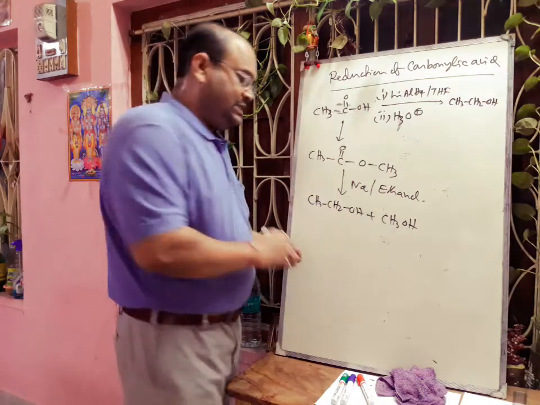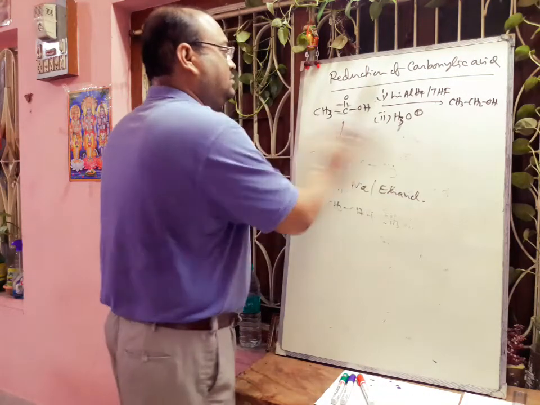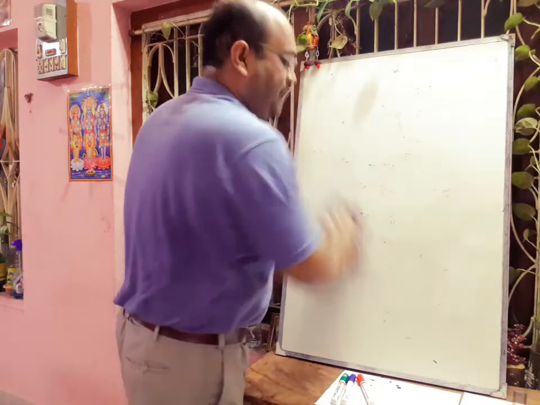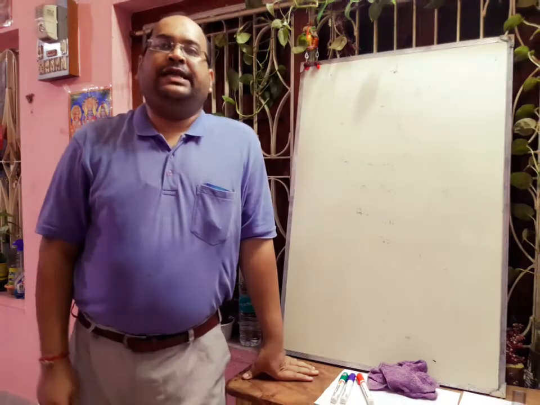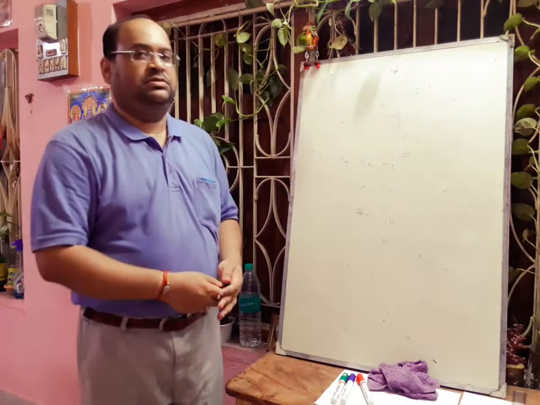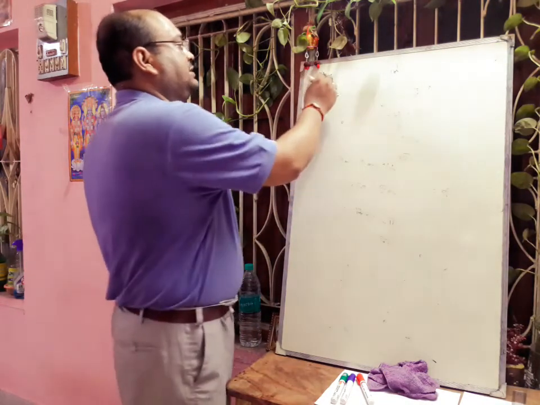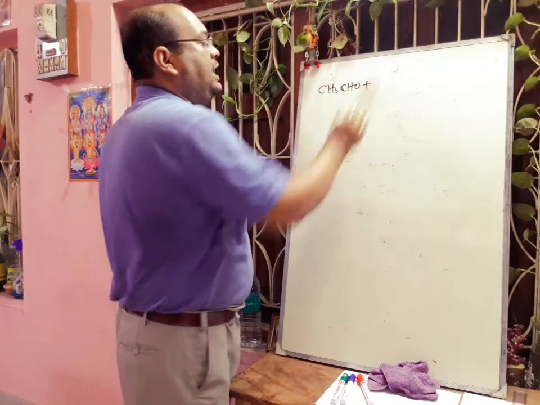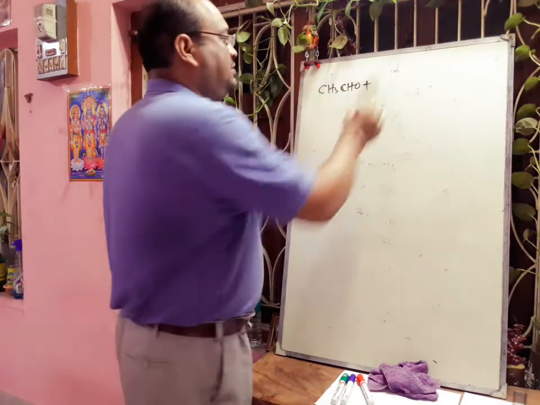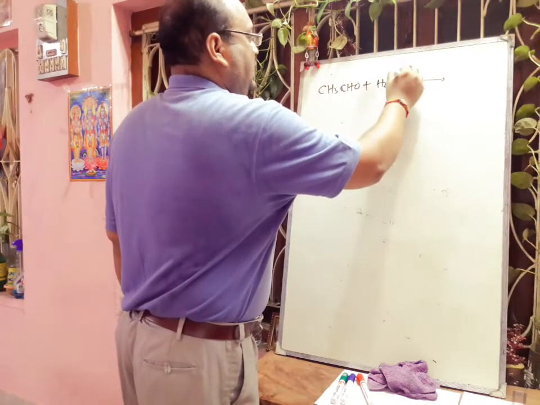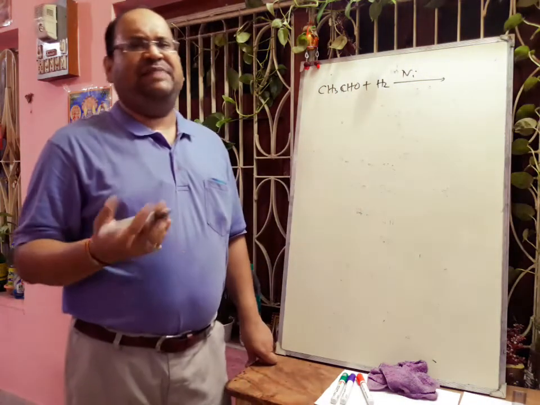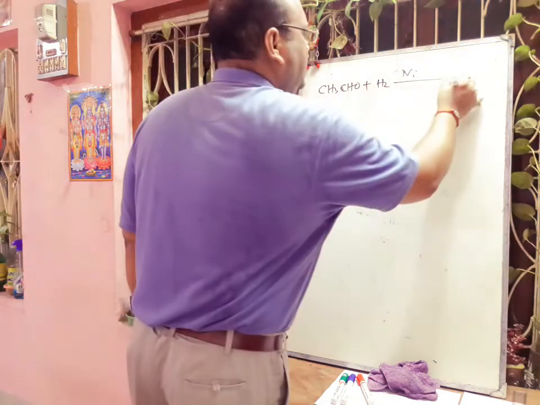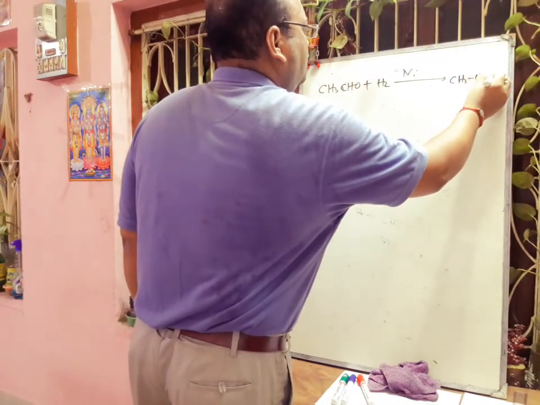Next we will discuss the preparation of alcohol by reduction of aldehyde and ketone. If we take any aldehyde, CH3CHO, acetaldehyde, here we can use hydrogen in presence of nickel, palladium, platinum or rhodium, then we can produce alcohol easily.